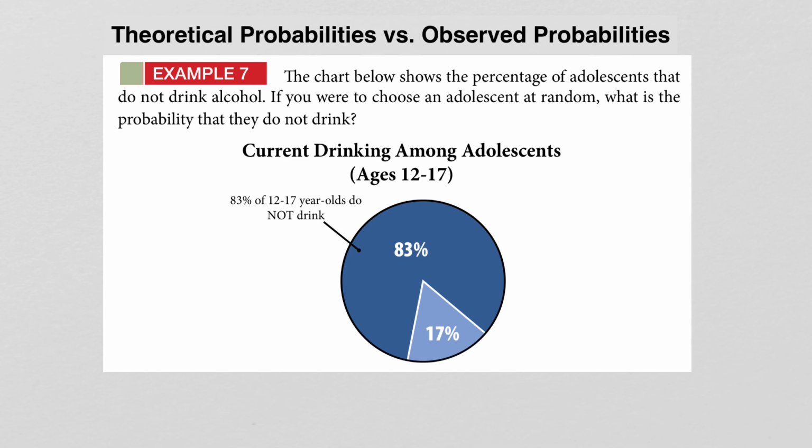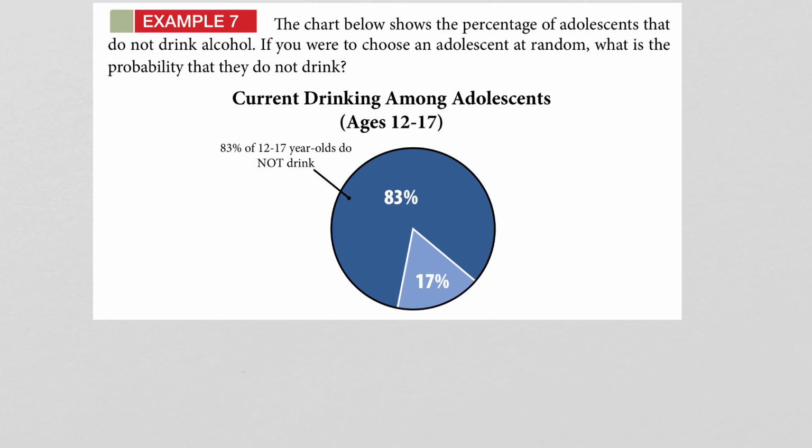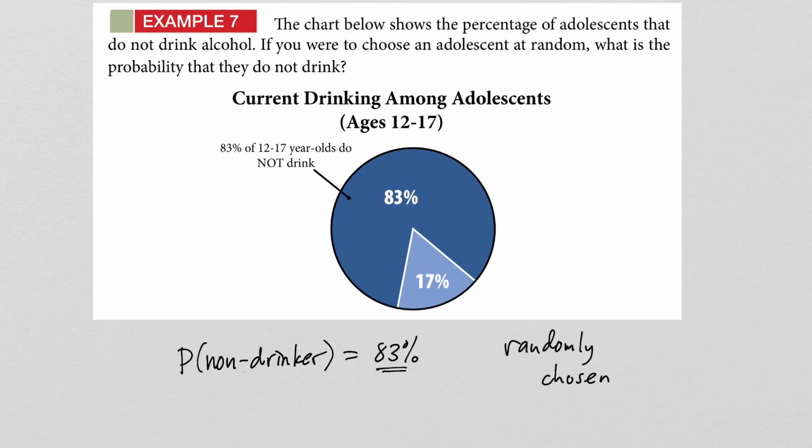So from this, if we randomly choose a person from this age group, what is the probability that they do not drink? Well, we would expect that probability to be 83%, right? So the probability of getting a non-drinker in this age group, according to the data that we observe here, is 83%. Now, one thing to emphasize here is this is assuming that the person is randomly chosen, okay?